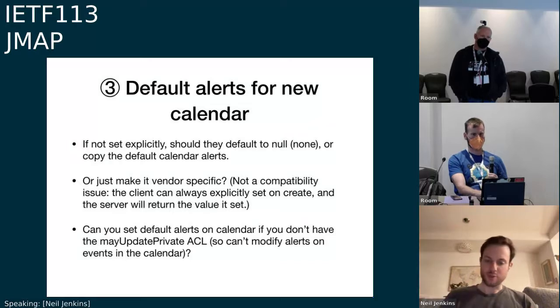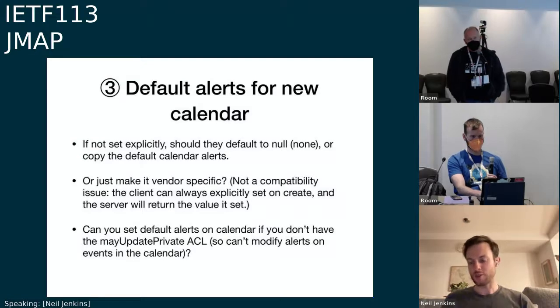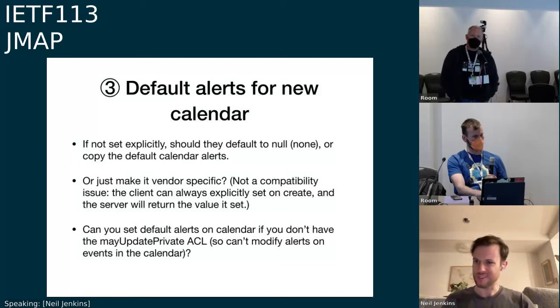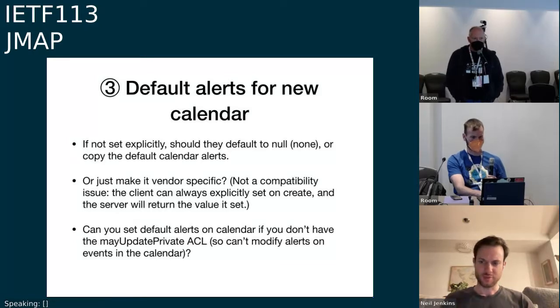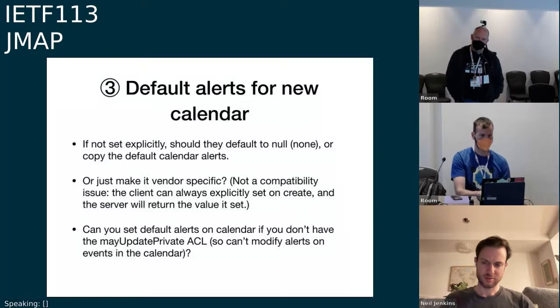Well, yeah, I was trying to avoid having yet another level of hierarchy, because does that mean that they might inherit from? So if you say you use default alerts, they inherit from the calendar, but then the calendar might inherit from the principal. Yeah, I'm not necessarily up here to argue whether we should or should not have inheritance. I'm just saying, because of default calendar being a preference and not an entity, you really can't attach anything to it, right?